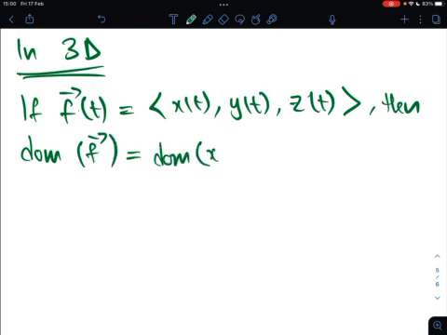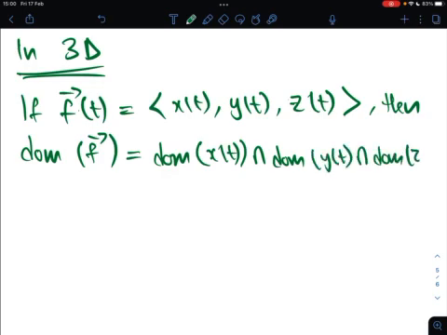So it is the intersection of the domain of x(t), the domain of y(t), and the domain of z(t). That's how we find domains of these types of vector functions. Every time you have a vector function like this one, you can find its domain by making use of the results we have established here.